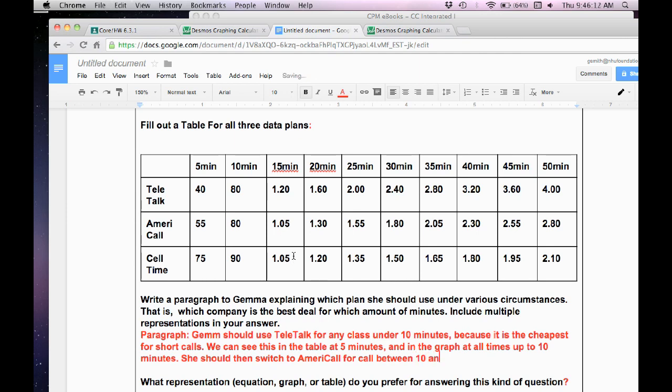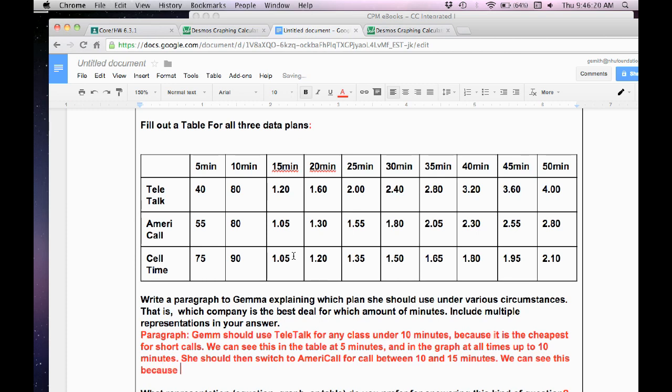So between 10 and 15 minutes, we can see this because in the table, Americol catches up to Teletalk at 10 minutes, but is caught by cell time.